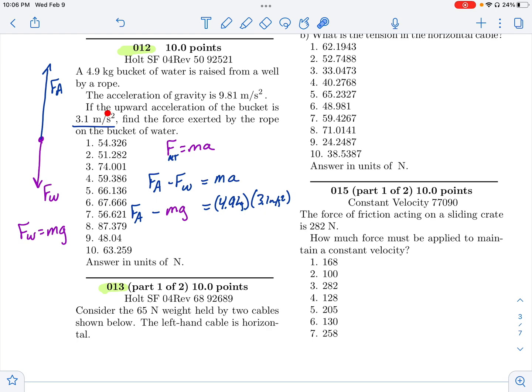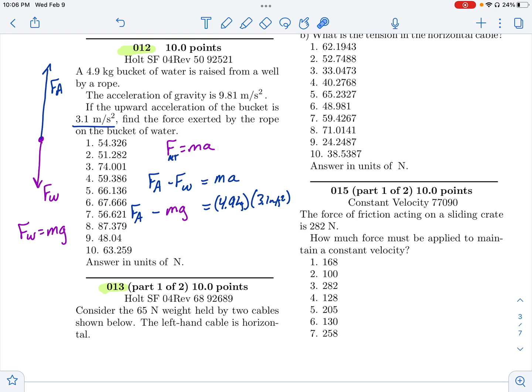And then it says there's an upward acceleration of the bucket of 3.1 meters per second squared. Find the force exerted by the rope. So they're telling us that as these two forces combine together, the pull or the applied force from the rope minus the weight force, because they're in opposite directions, will equal a net force.